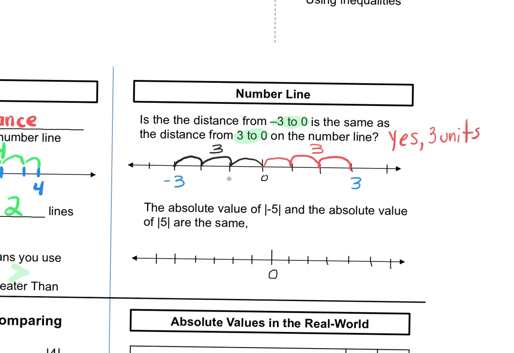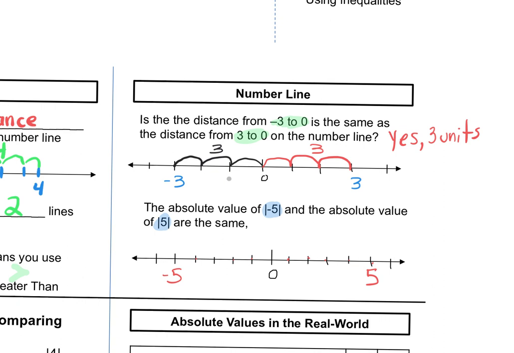The next question. If you have your highlighter, go ahead and get it ready. The absolute value of -5 and the absolute value of +5 are the same. Well, let's see if we can prove this. So I'm going to go 1, 2, 3, 4, 5. So I'm going to do a -5 here, and 1, 2, 3, 4, 5. I'm going to do a +5 here. All right, let's see if the absolute values are the same.